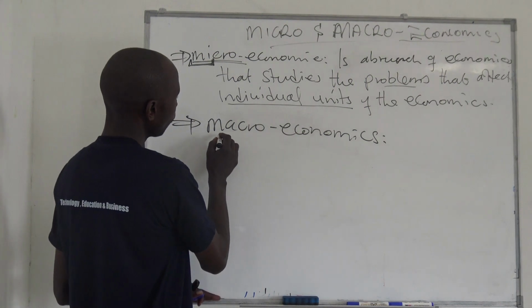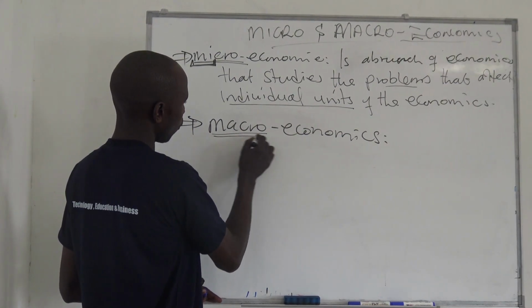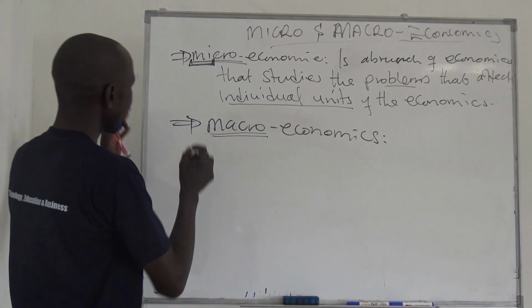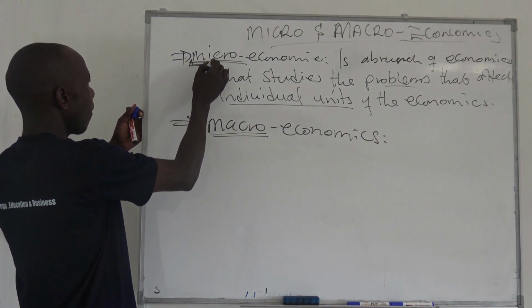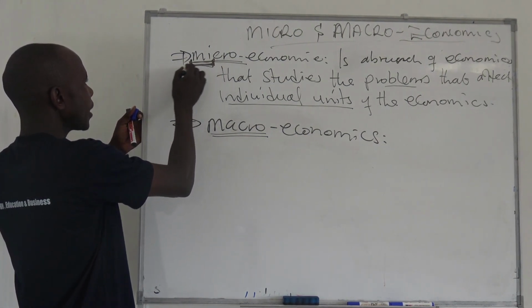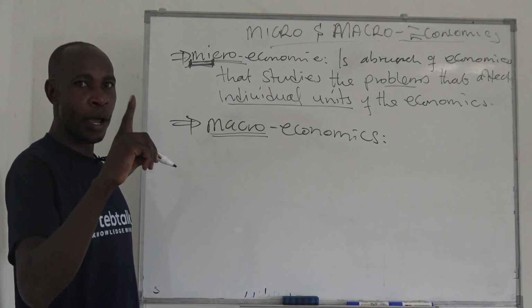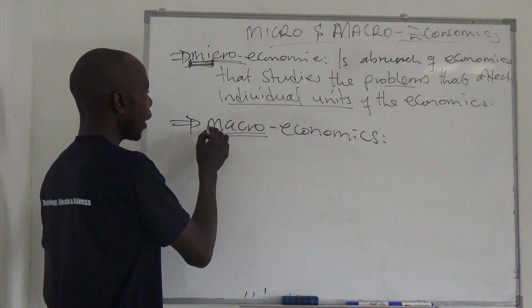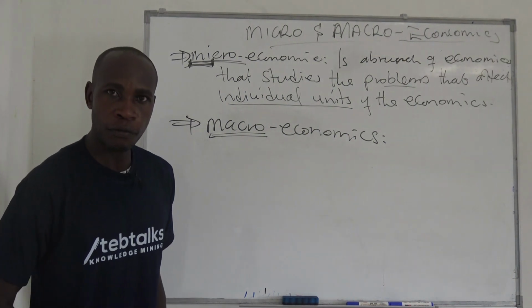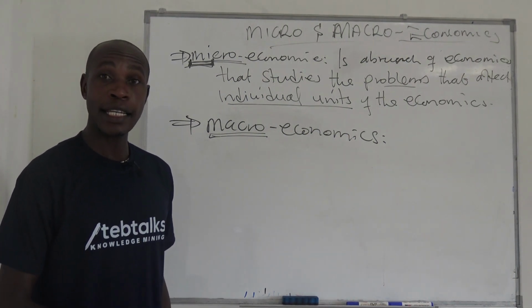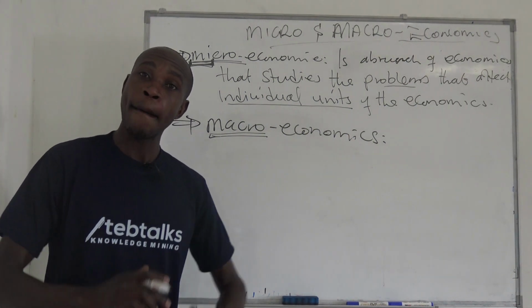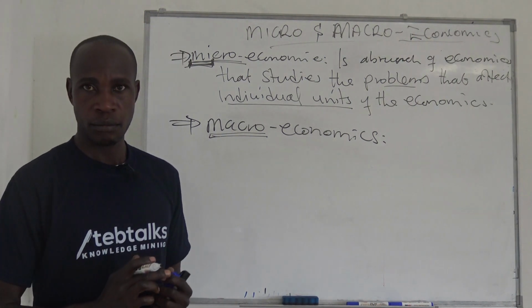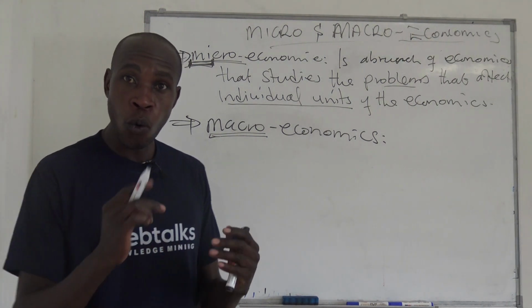So here, when we talk about micro, just like I told you that micro means an individual, means one, then macro, the MA itself is an indicator that it is more than one. More than one.